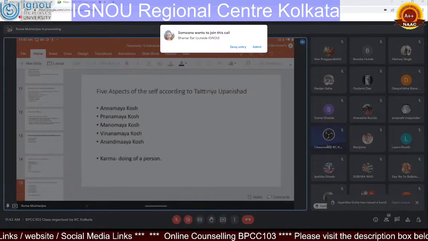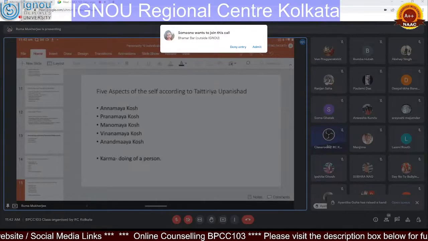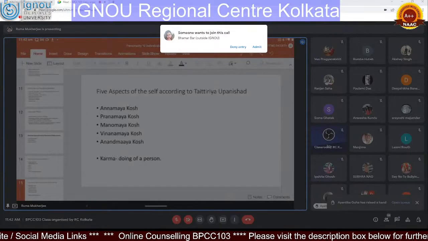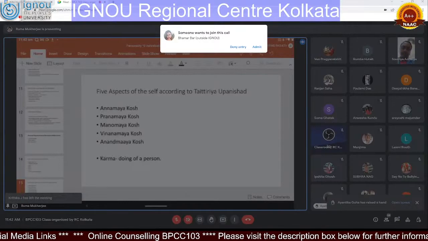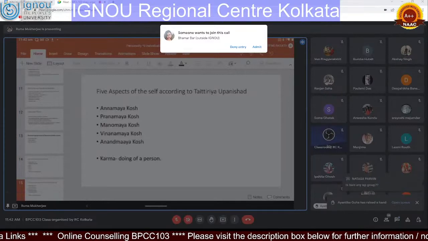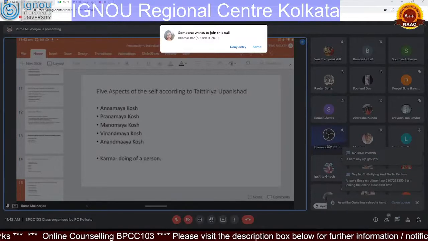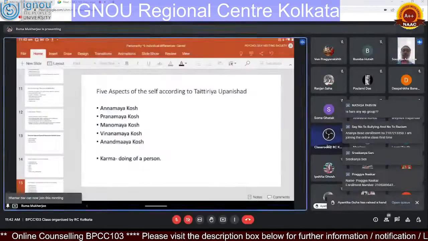So that is the intellect or the cognitive aspect. So these are all mentioned in the Taittiriya Upanishad. These are the five aspects of self mentioned there.